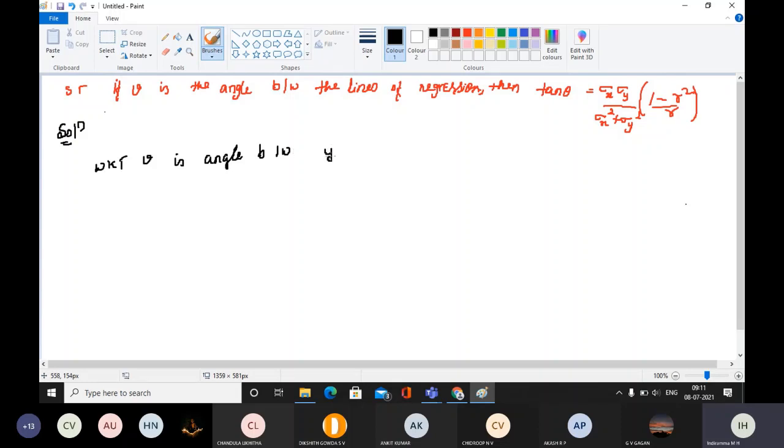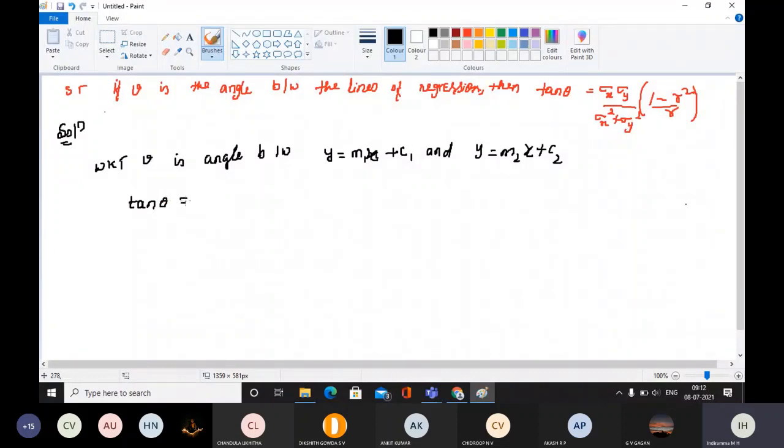The two regression lines are in y is equal to mx plus c form. Y is equal to m1x plus c1 and y is equal to m2x plus c2. If we have two lines, y is equal to m1x plus c1 and y is equal to m2x plus c2, then what is tan theta?